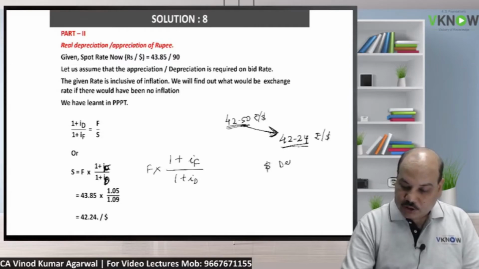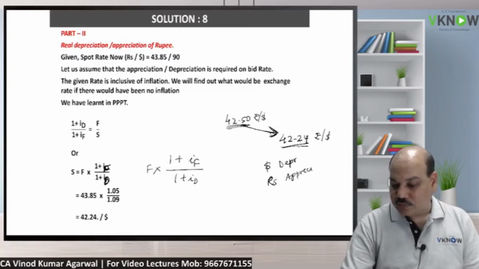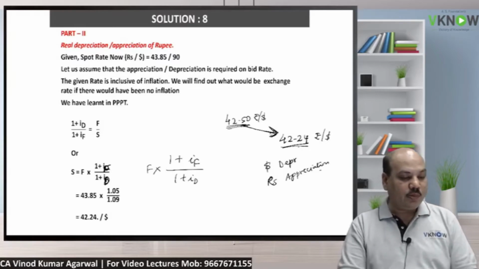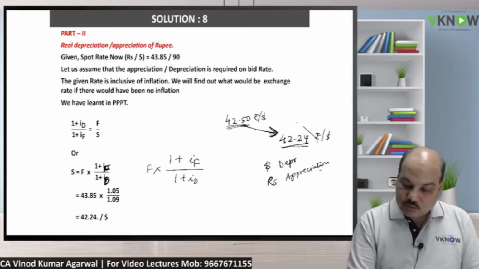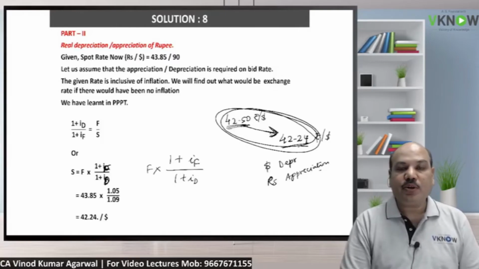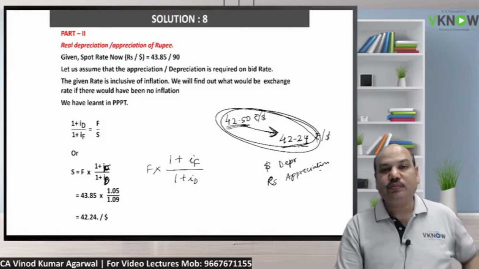Dollar has depreciated and rupee has appreciated. So this difference gives me the appreciation or depreciation in real terms, that is called real exchange rate.